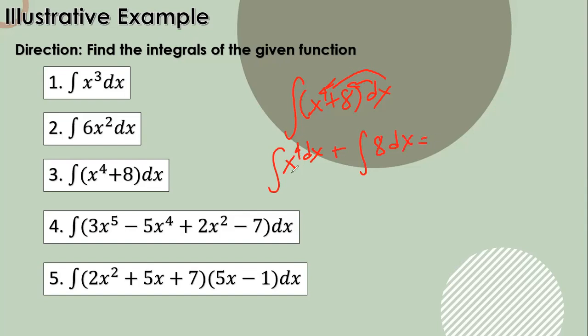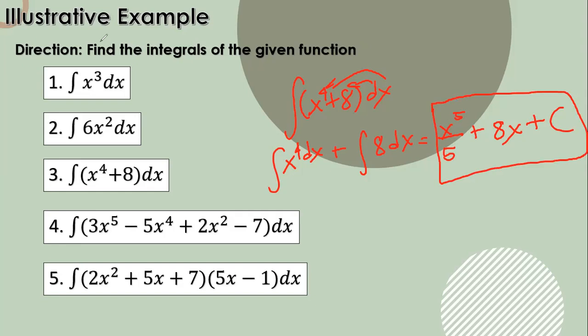For the first term, x to the fourth dx, we have x to the fifth over 5 plus 8x. When it's a constant with dx, the integral of dx is just x, so that will be multiplied by 8. Basically, a constant multiplied by dx, so x will accompany the constant. Of course, plus c. That will be our final answer.